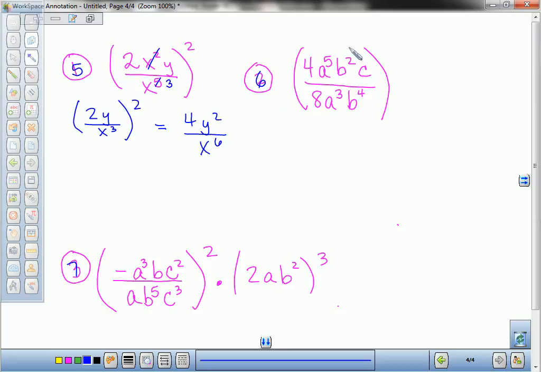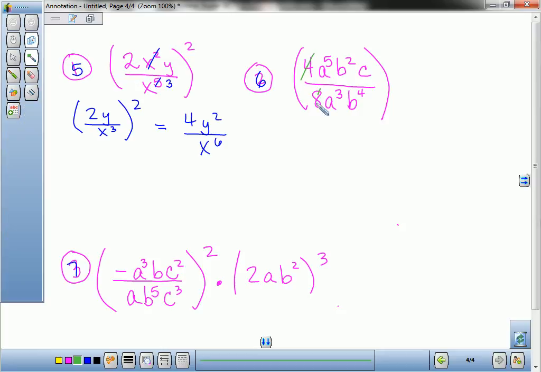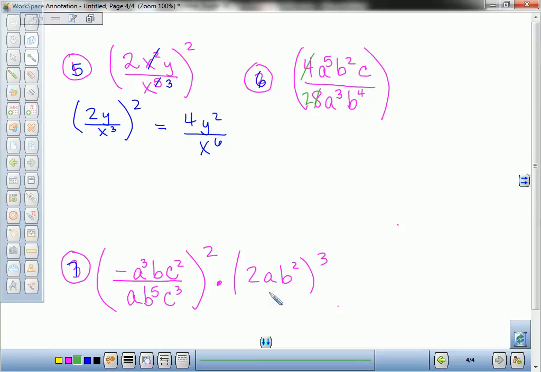Okay, now this one, all we have to do is simplify what's on the inside. So, I'm going to do it in different colors. We start with the numbers. So we treat numbers like we always have. 4 goes into 4 one time, 4 goes into 8, 2. Now I'm going to do the A's.